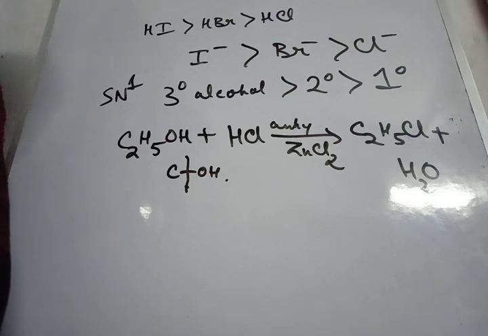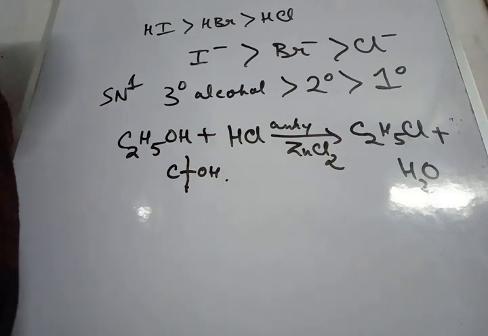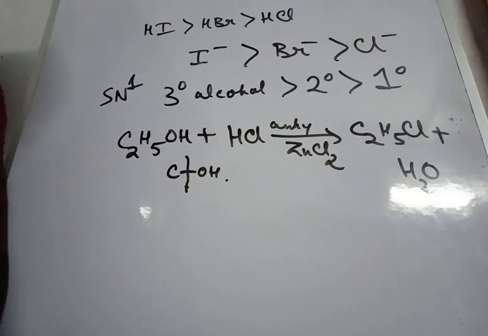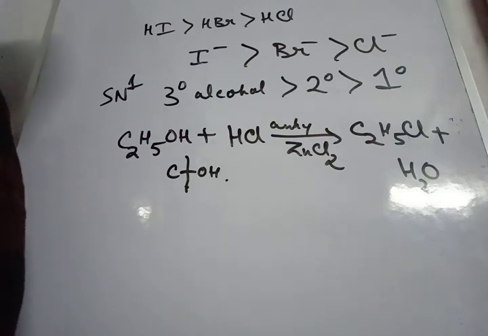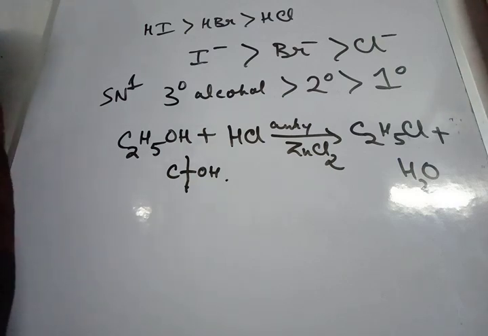Zinc chloride, being a Lewis acid, readily coordinates with the oxygen atom of alcohols. Consequently, the C-O bond weakens and finally breaks to form the respective carbocation. Okay, the carbocation then readily reacts with chloride ion to form the chloroalkane. Now again I am saying, if it is a tertiary alkyl group, then only carbocation will be formed. If it is a primary alkyl group, backside attack of the halide ion will be occurring again.